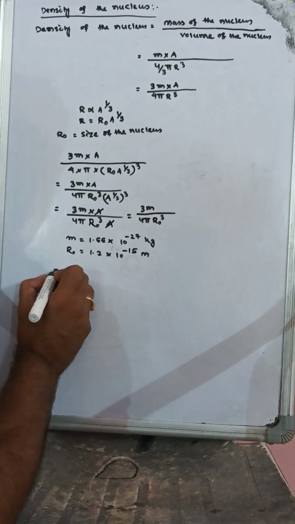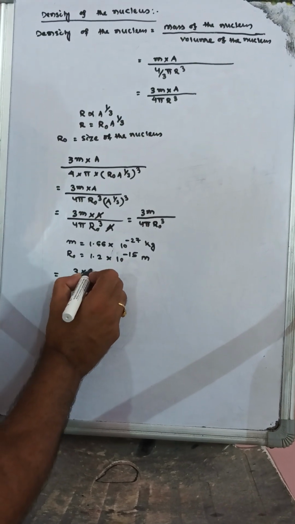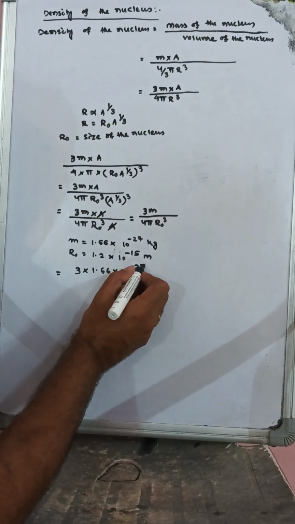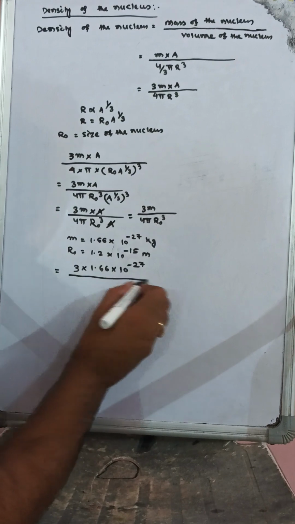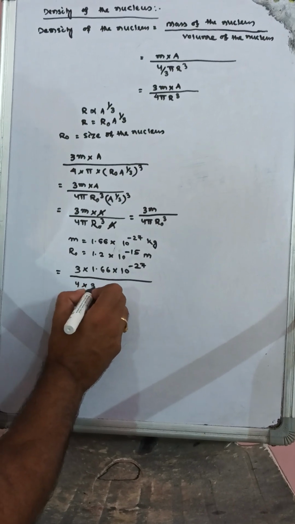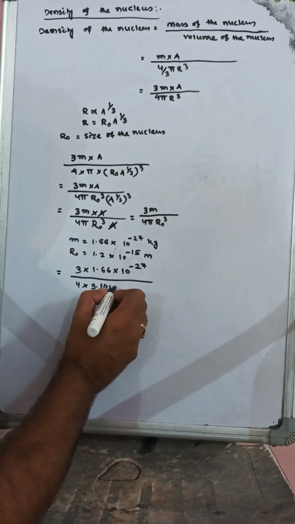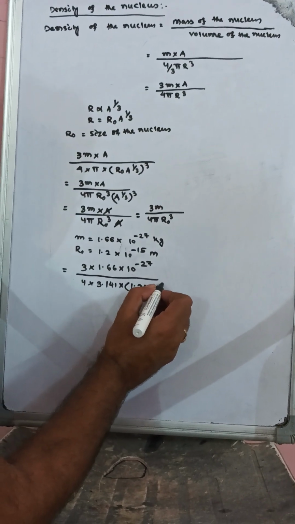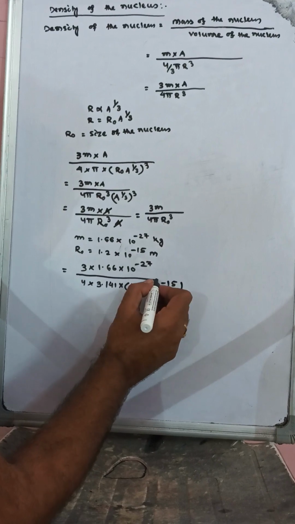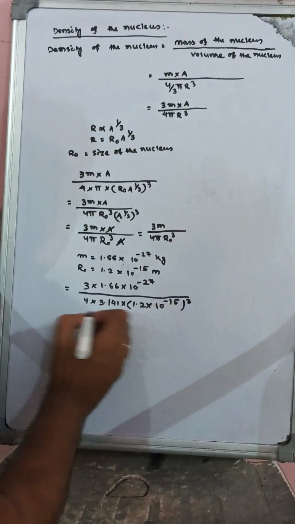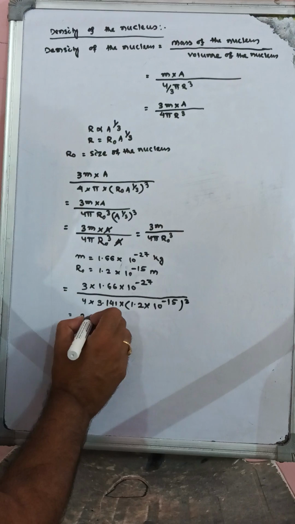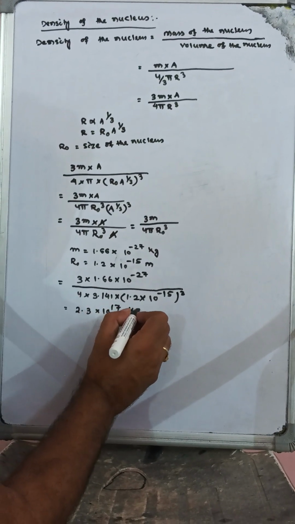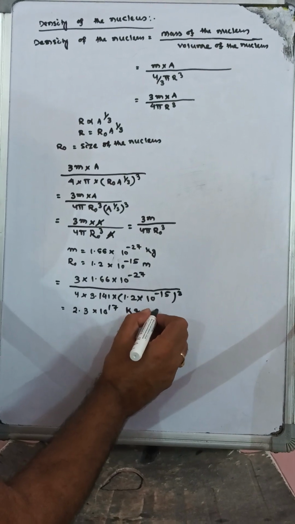Then we put this value: 3 into 1.66 into 10 to the power minus 27 whole divided by 4 into 3.141 into 1.2 into 10 to the power minus 15 whole cube is equal to 2.3 into 10 to the power 17 kg per meter cube.